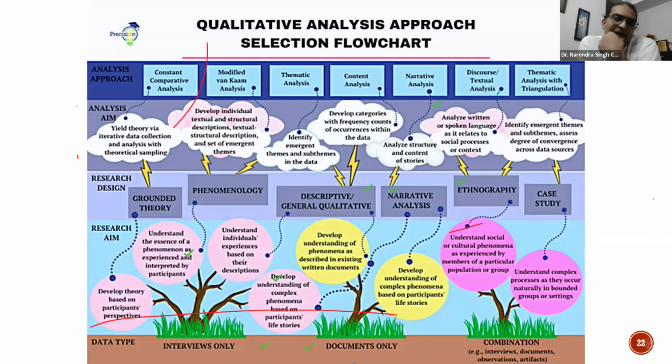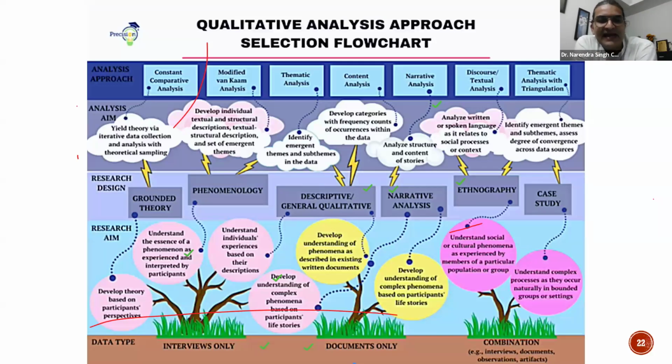So phenomenology works well if I want to understand the complex phenomena based on participants' life stories. Okay, if you really want to understand the life of soldiers who fought, say, the India-Pak war or India-China war, and you want to understand their life stories, what could work better?